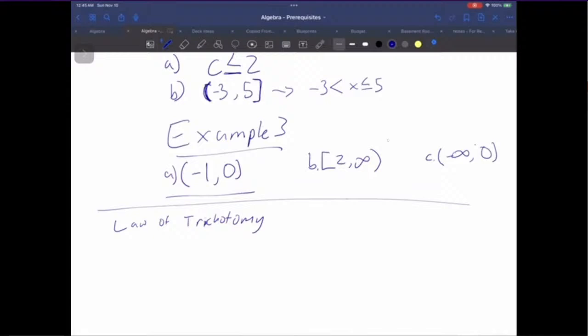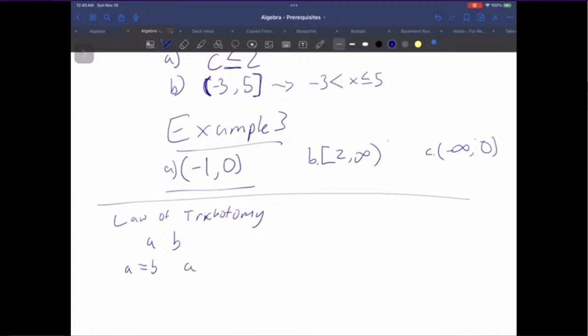The first thing that you can start with is, what are the possible outcomes of that problem? This is a law that gives you that for two numbers. So for any number a and b, a is either equal to b, less than b, or greater than b. There is no other possibility than those three.